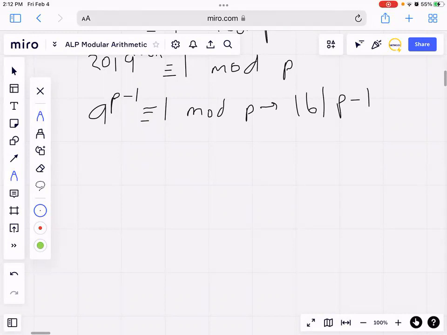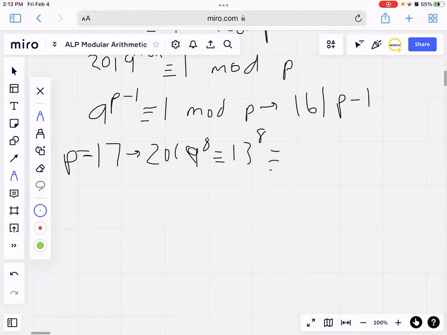So p equals 17 is our smallest number, and this is prime. So we're going to work with this to see if it is possibly an answer. We're working in mod 17 now. 2019 to the power 8 is congruent to 13 to the power 8 mod 17, which we find by taking out as many 17s as we can from 2019.